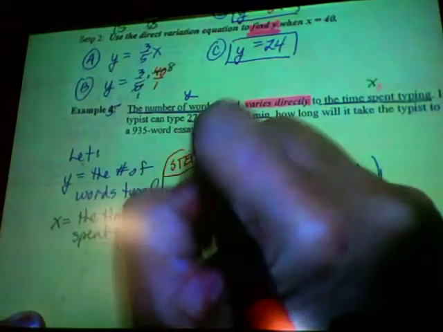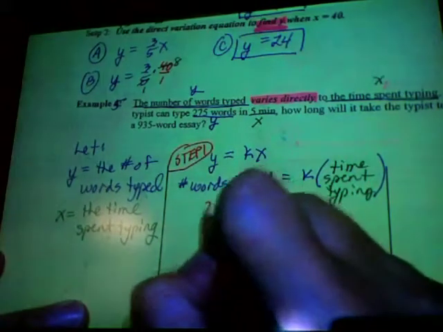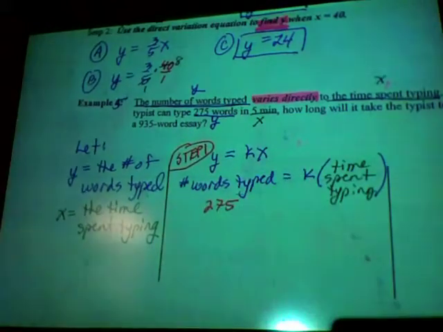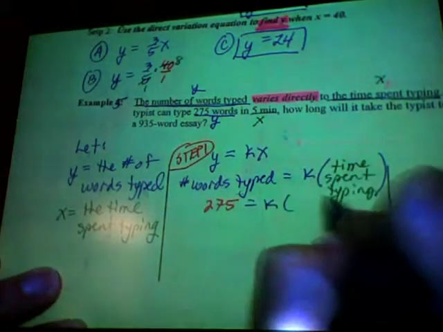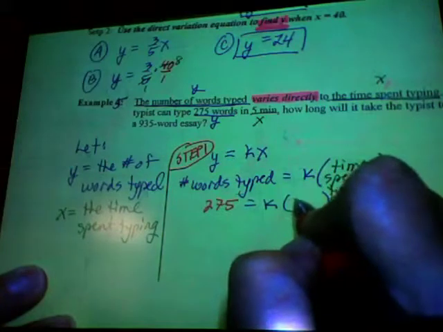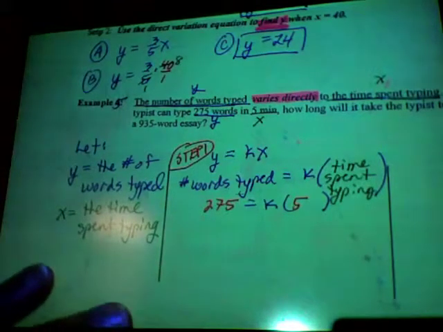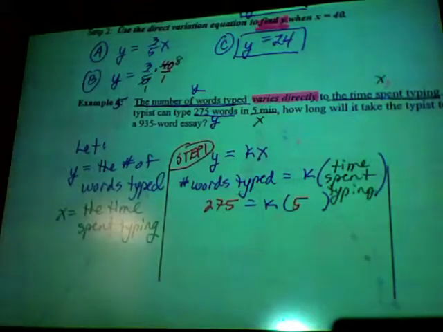Just like above. So plug in 275 equals k times 5. How do you solve? After the first time you saw, you just divide each side by 5.